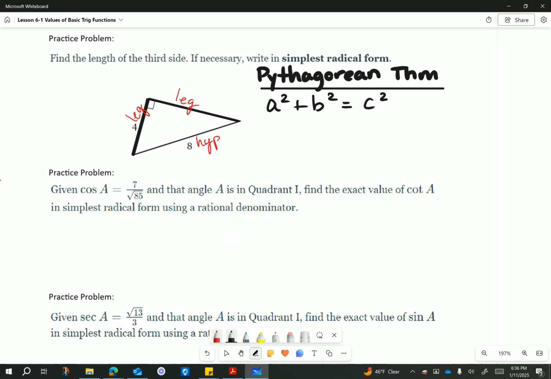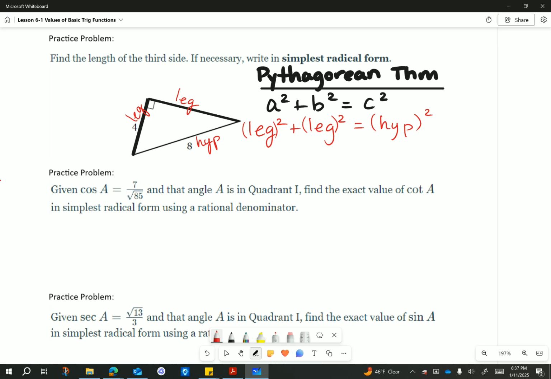But what I need you to remember is what exactly A, B, and C stand for. Well, A and B are always going to be the length of your legs. No particular order, by the way. So whatever the leg length is, you're going to square it, plus whatever the other leg squared. And that's always going to equal whatever the length of the hypotenuse is squared.